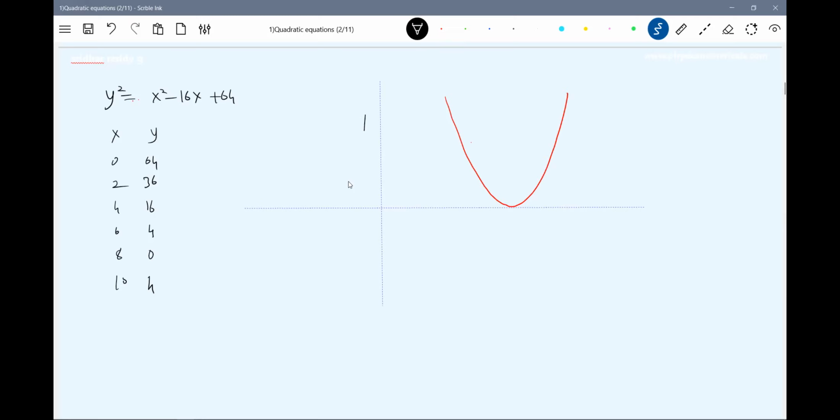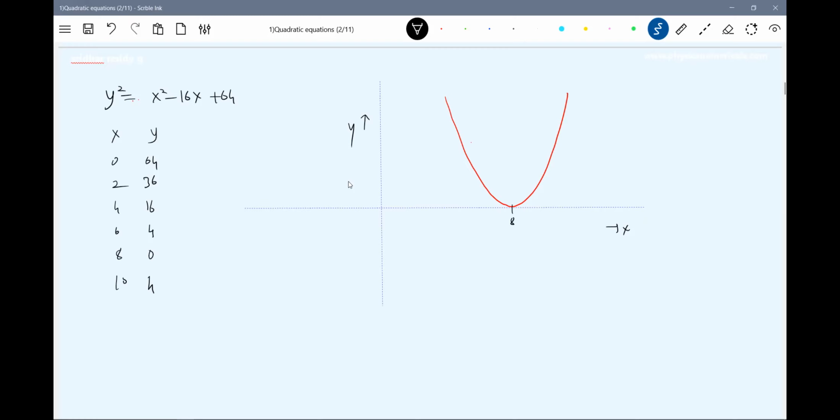See the strange thing compared to the previous problem: this is where x equal to 8. It is touching the x-axis only at one point. Earlier it was touching at 2 points. Earlier the first curve was touching the negative x-axis at 2 points. The second curve was touching the positive x-axis at 2 points. Now here the curve is touching the x-axis only at one point, that is x equal to 8.